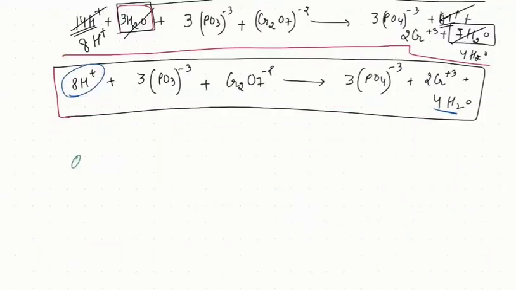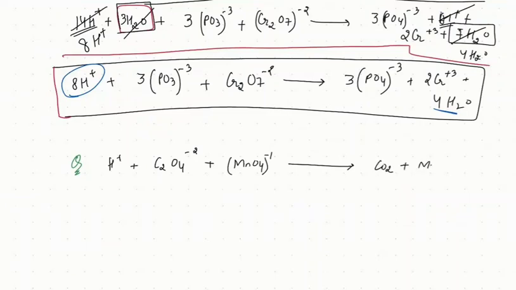Now, similarly, balance one more equation. Let's suppose I give you this equation: C2O4 2- plus MnO4 1- gives me, in the acidic medium, CO2 plus MnO2.